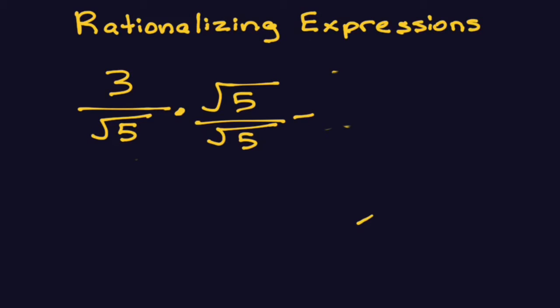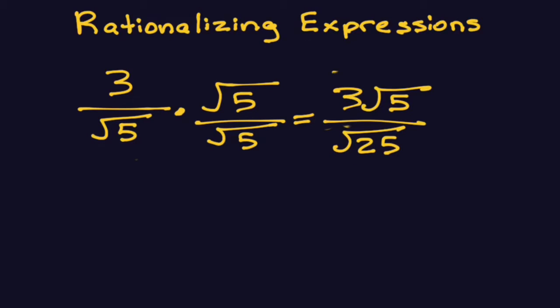And then 3 times the square root of 5 is 3 square root of 5. And then the square root of 5 times the square root of 5 is the square root of 25. The square root of 25 is just 5. So we have 3 square root 5 over 5.